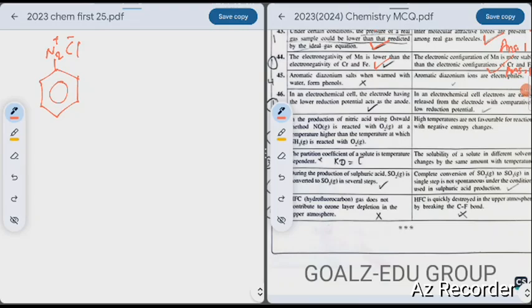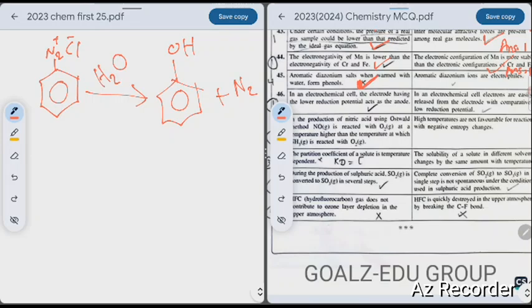When warmed with water, what does it give? It gives phenol, and N2 will be released. A phenol is formed and N2 gas is released. So the first statement says aromatic diazonium salts when warmed with water form phenols. That is correct. First answer is correct.